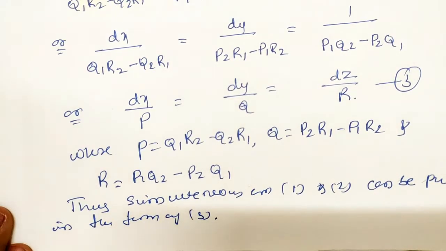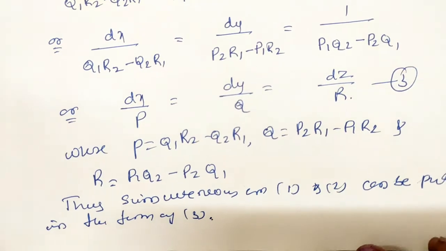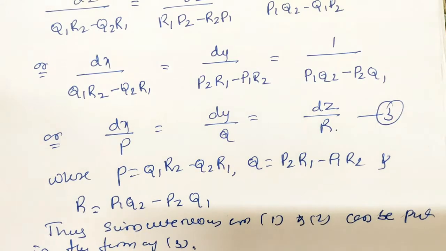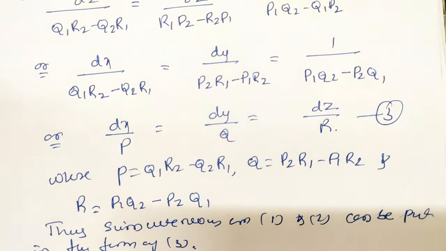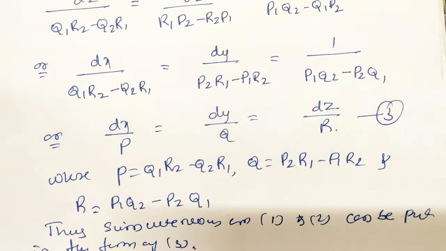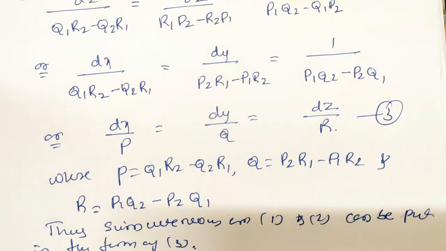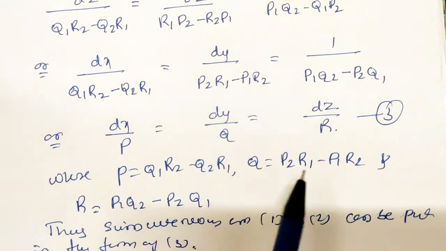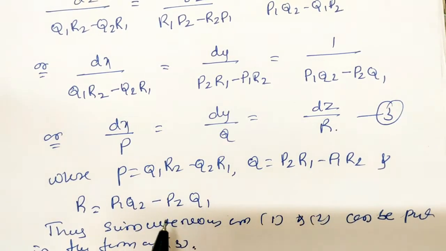That is, the simultaneous equations p1 dx plus q1 dy plus r1 dz is equal to 0 and p2 dx plus q2 dy plus r2 dz is equal to 0 can be written in the form of dx by P is equal to dy by Q is equal to dz by R, where P, Q, R are like this.